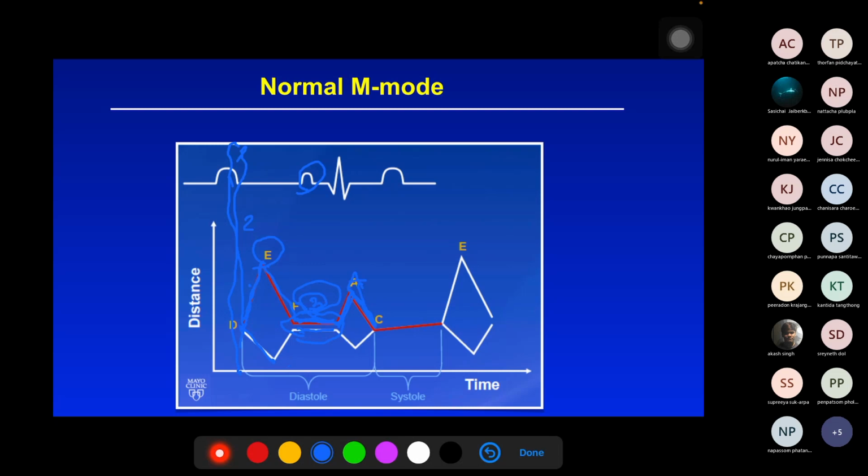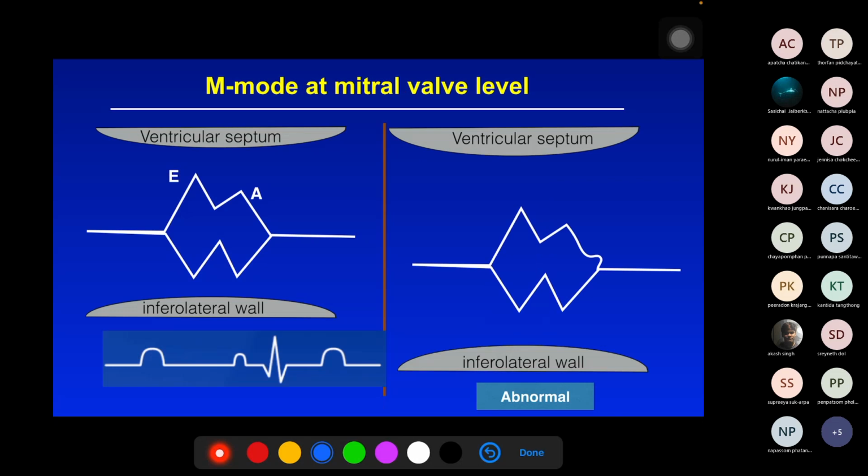So you might see this in the normal M mode across the mitral valve level. When you place the M mode at the mitral valve level, you see E, the very rapid filling, then diastasis here, and then the last one, the atrial kick, that is A. This is the normal M mode at the mitral valve level.